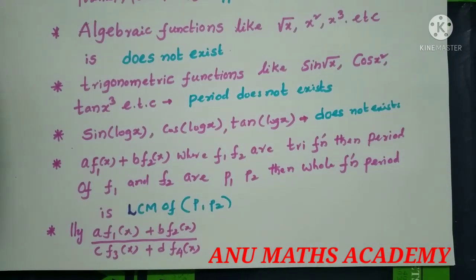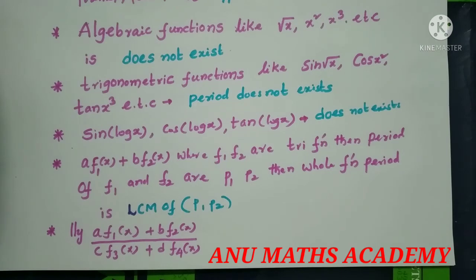Next, very important. Suppose the function is a into f1 of x plus b into f2 of x, where f1 and f2 are trigonometric functions, and the periods of f1 and f2 are p1 and p2. Then the period of the whole function is the LCM of p1 and p2.